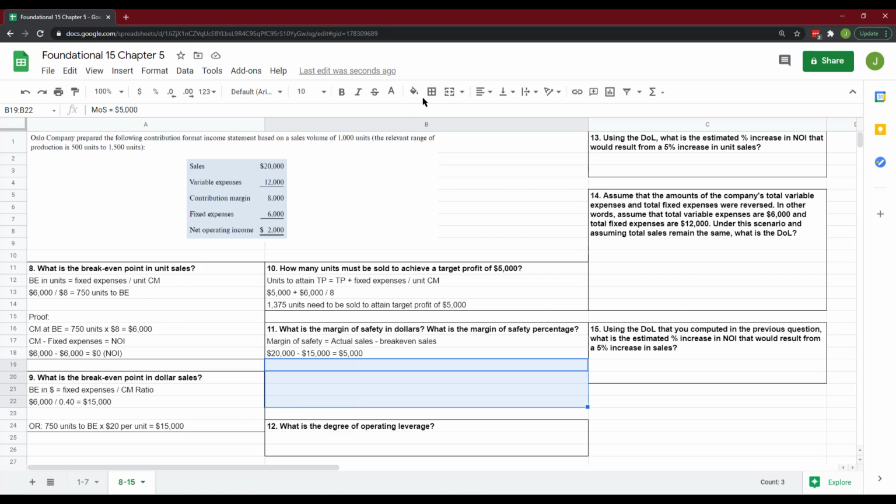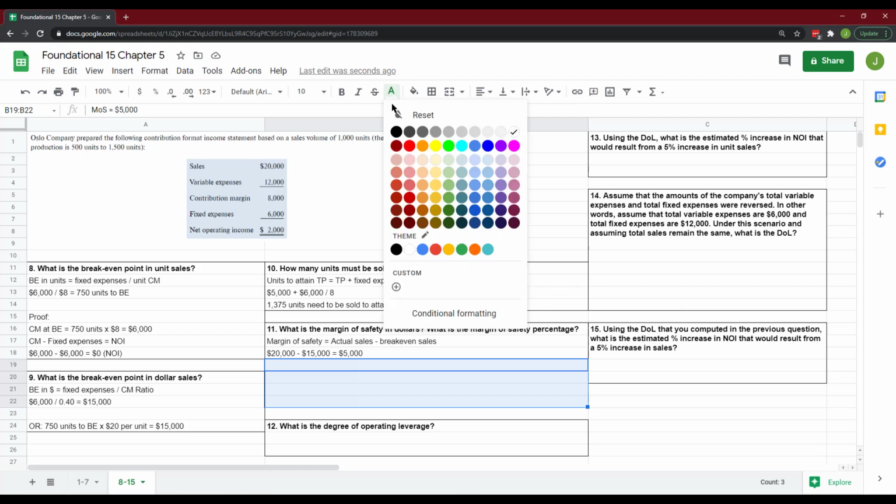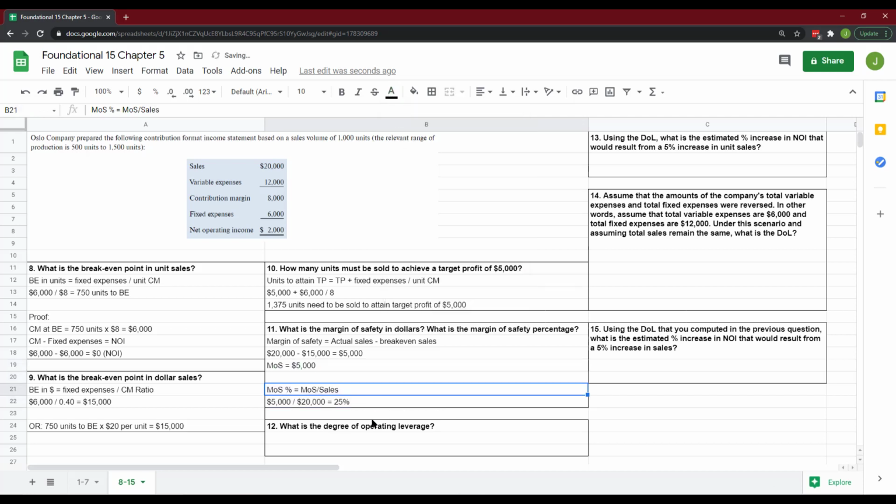So we'll just do the 5,000 divided by the 20,000 to convert it to a percentage. So that would give us a 25% margin of safety. So basically, at the sales level of 1,000 units, as we see up above there, every dollar of sales that we generated, 25% of it contributed to that buffer between our actual sales level and break even.